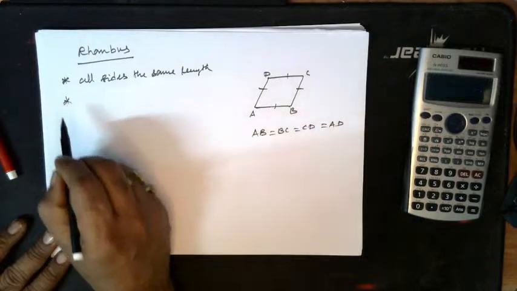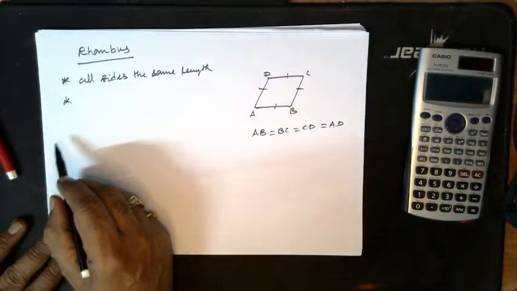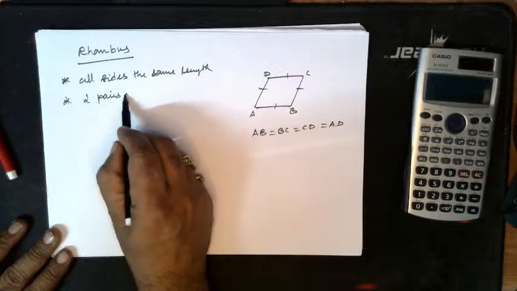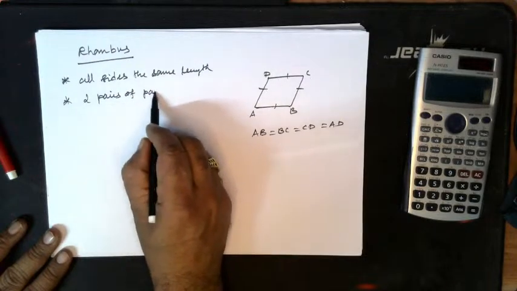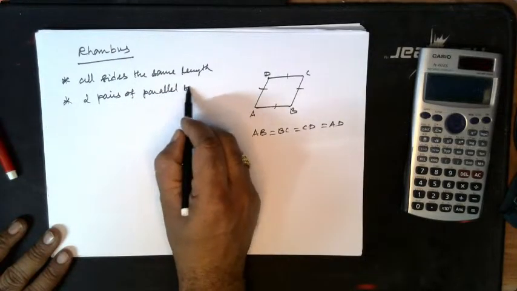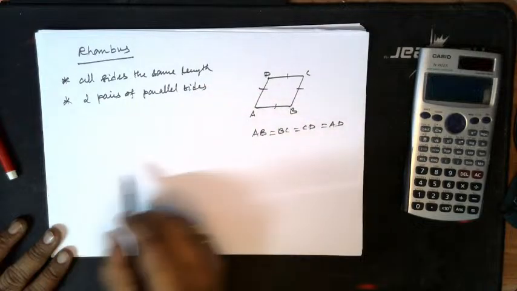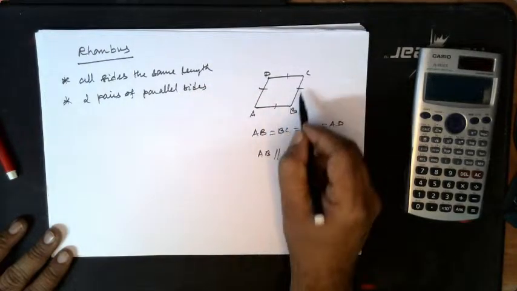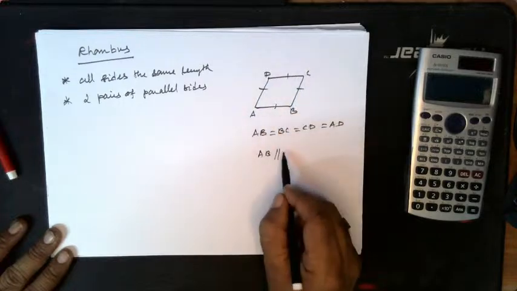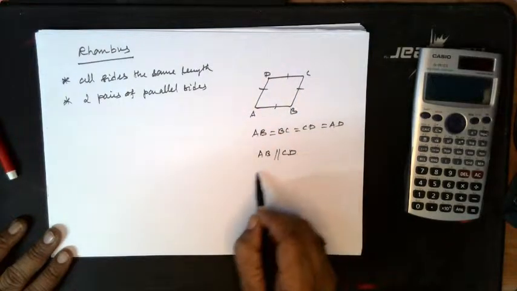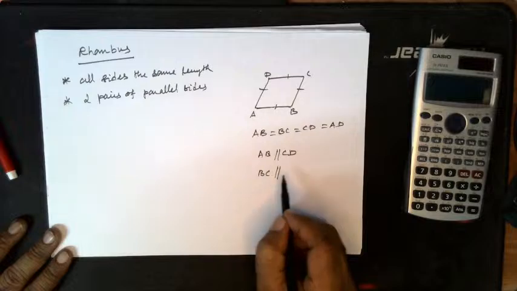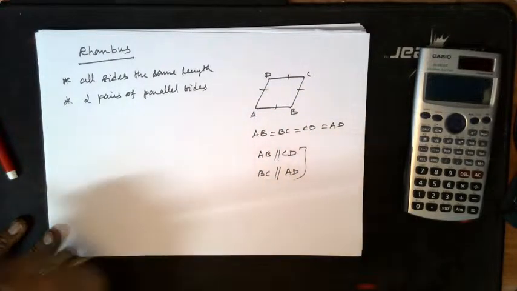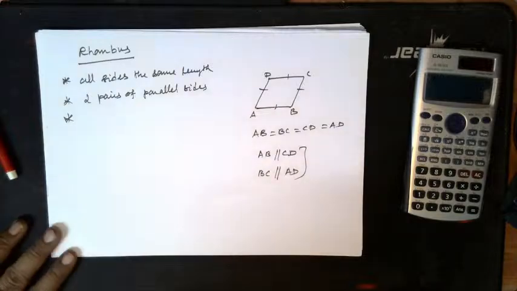Rhombus has two pairs of parallel sides. It means AB is parallel to CD. Then BC is parallel to AD. So two pairs.